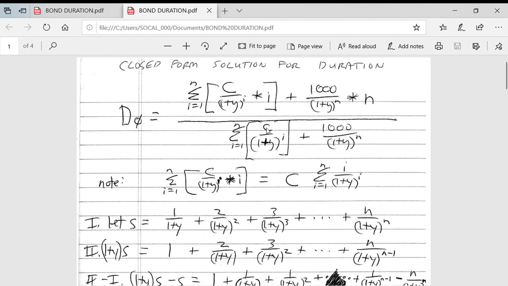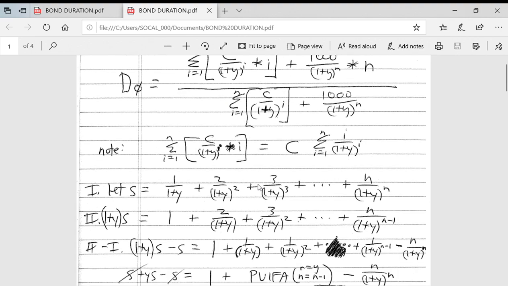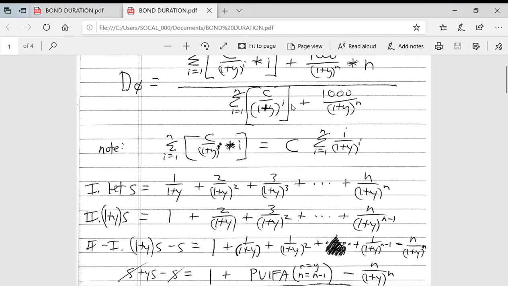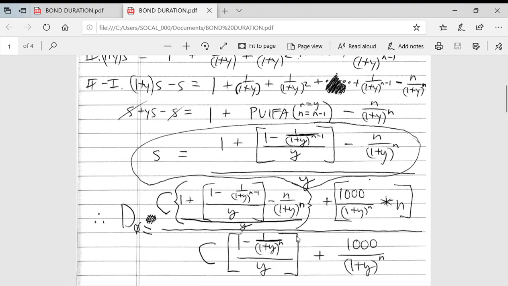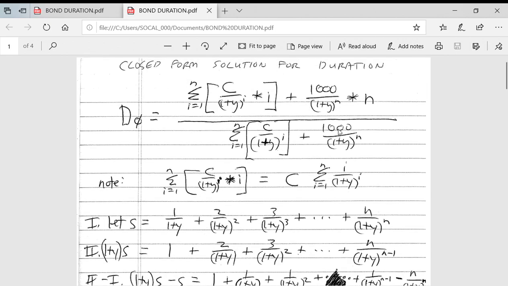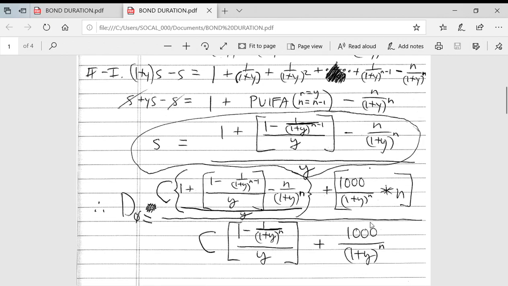So down here, with the c pulled out, we have c times the PVIFA, 1 minus 1 over 1 plus y to the n over y. Okay, again, it's regular all the way to n, so that's why it shows like that. Plus we have the last term, 1,000 divided by 1 plus y to the n.